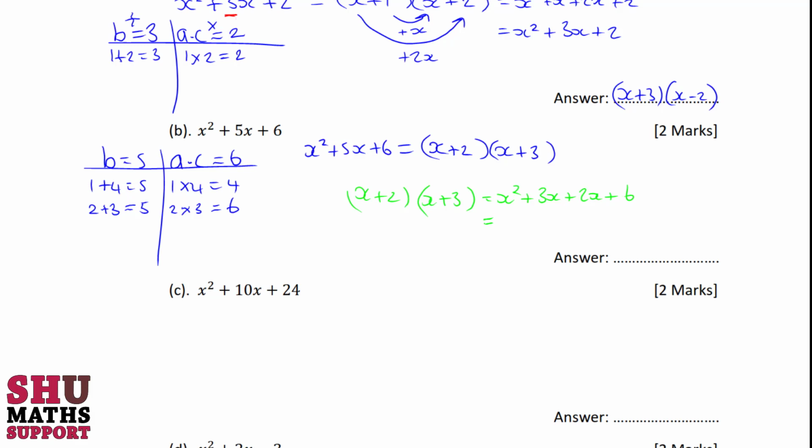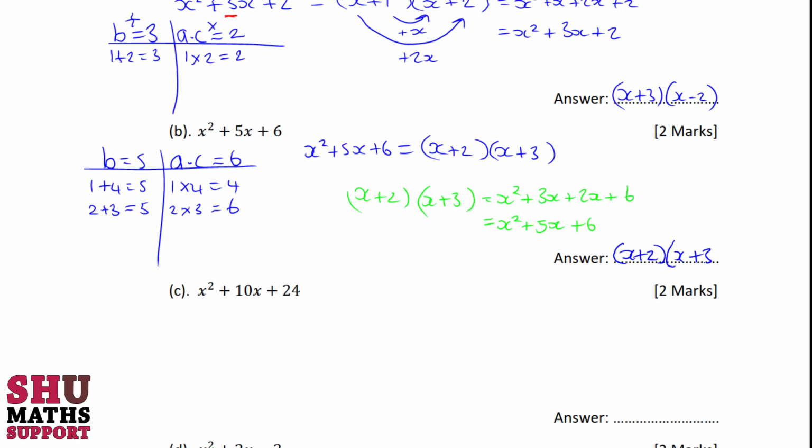So we have x squared plus 3x plus 2x plus 6. And then that's equal to x squared plus 5x plus 6, which is our original expression, so we know that our solution is correct. So on our final answer line, we want to write x plus 2 times x plus 3.